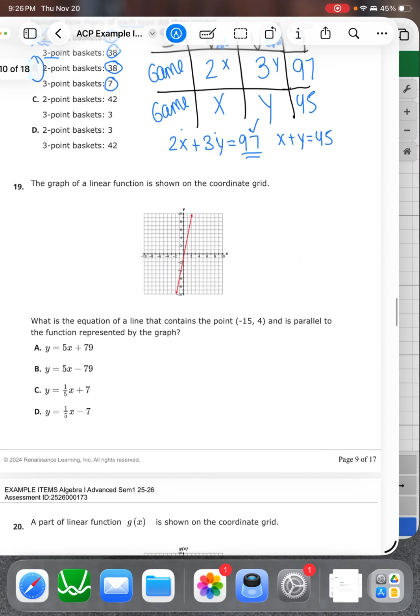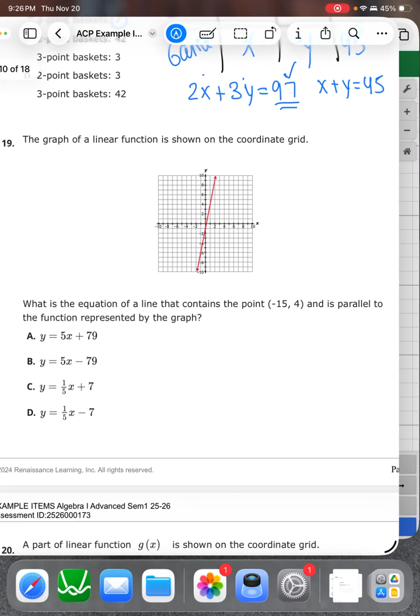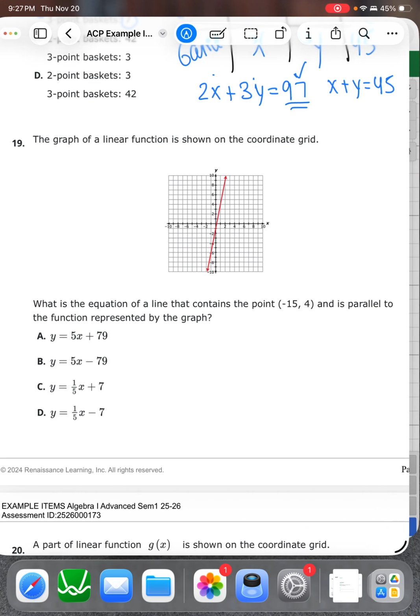Okay, 19 should have been okay. Parallel. So here it says the graph of a linear function is shown on the grid. What is the equation of a line that contains point -15,4 and is parallel to the function represented by the graph?